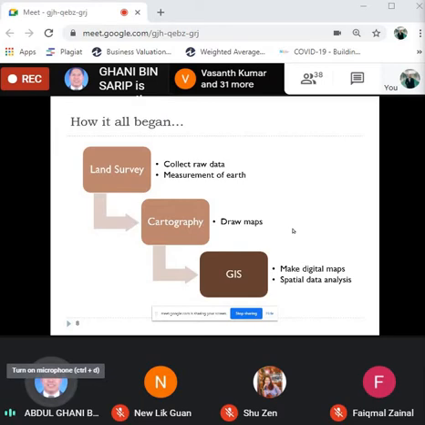And we have a lot of different types of maps. Not only location maps, sometimes we have topology maps, elevation maps, site plans, floor plans, internal layouts, height plans, and so on and so forth. So there are a lot of maps to be kept.